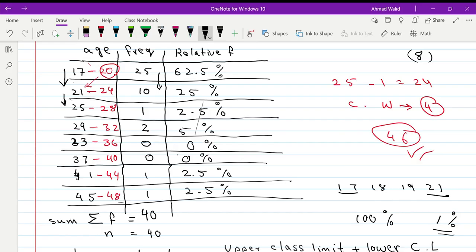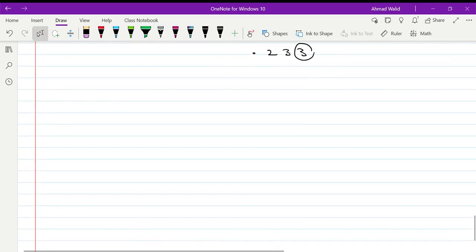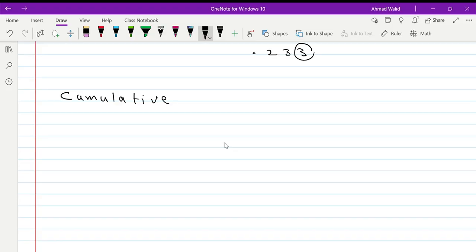One more, then I will stop. We are done with section 2.2. The last topic that we will cover here, and we will work with this table, is cumulative frequency distribution. What is that?